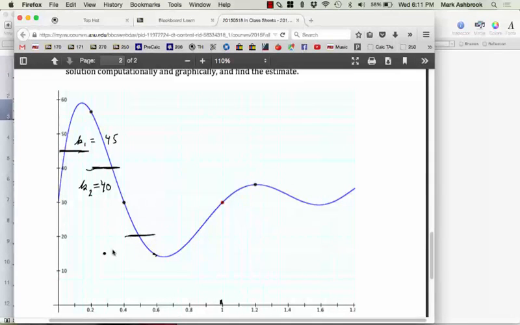So that's our K3. So we're trying to recreate this changing rate function with constant rates by estimates, right? From 0.6 to 0.8, let's say 15. So my K4, 15. And then from 0.8 to 1, it goes back up to 30 from 15, so maybe 20 again. Let's do 25 this time, or 22.